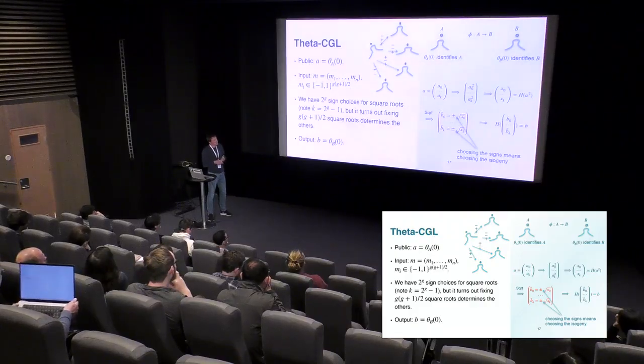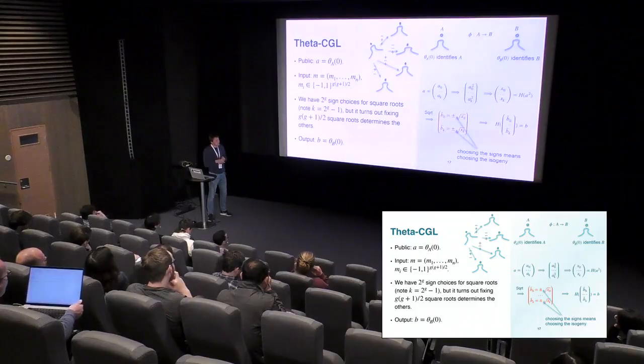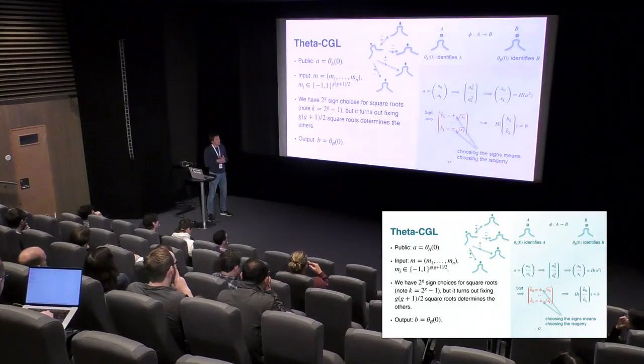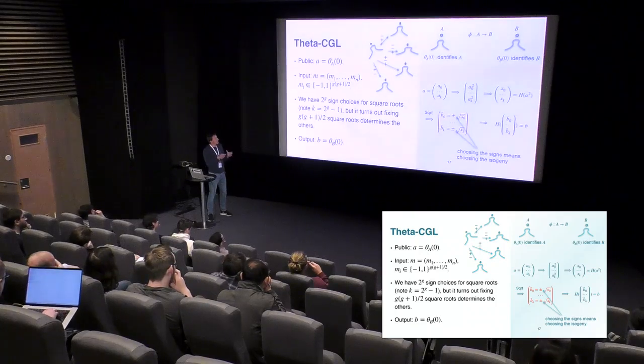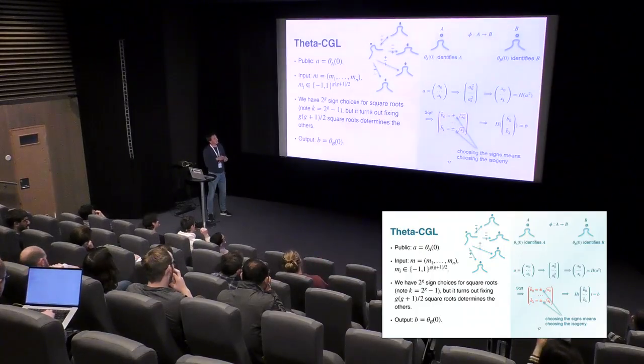Because this is a square root operation, for each coordinate you have two possible choices, and choosing different signs means choosing a different isogeny. So you consume a couple of bits, which defines these signs, and then you walk in this graph by choosing one of these isogenies.